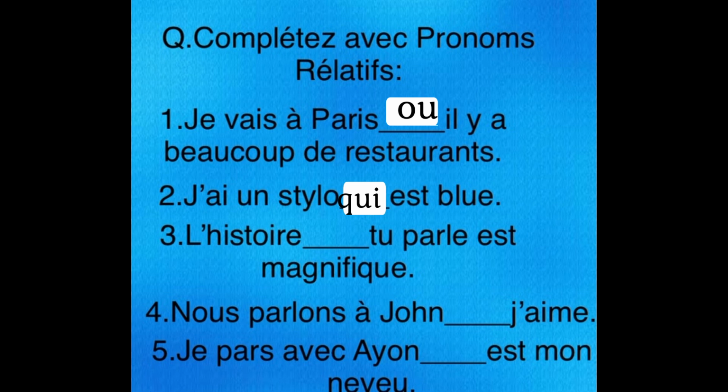The third sentence, le seul dash tu parles est magnifique. Now let's first translate: the information dash you are speaking is magnificent. Now, I can see that this is a little incomplete because there should be a preposition.